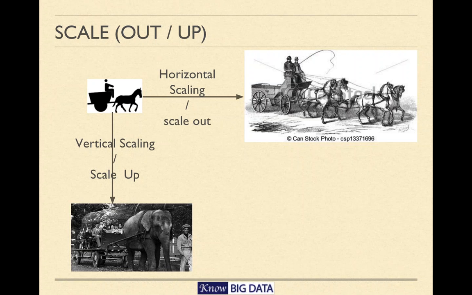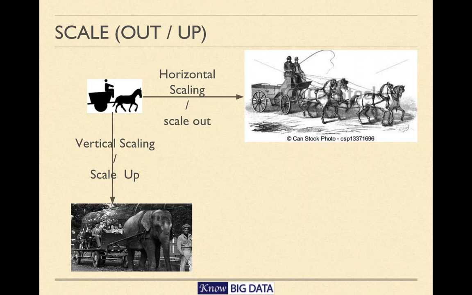All right. Now, if we take the same analogy for our systems, a computer, when we increase its RAM, increase the CPU, or change its hard disk, that's called vertical scaling, meaning we are replacing the horse with an elephant.